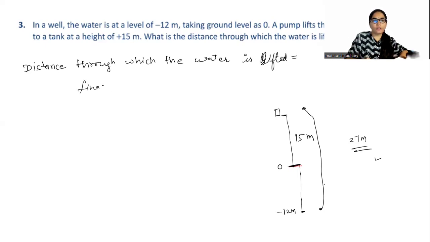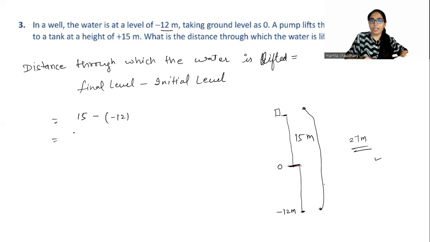Final level minus initial level. Now final level, water is at 15 meter height, minus initial level, it was minus 12 meter. Now this 12 has two signs together, we convert into a single sign. As both the signs are the same, it will be converted into plus. So plus 12. So 15 plus 12 is 27 meter. It means the water was lifted through 27 meter.